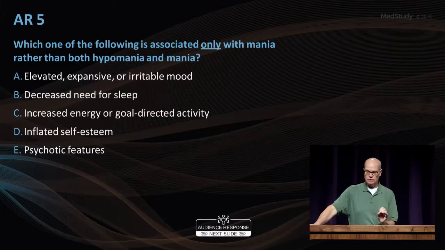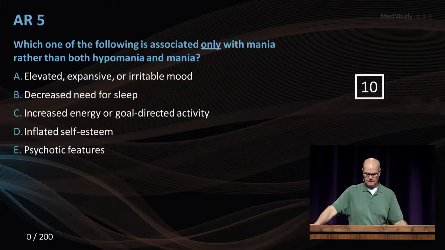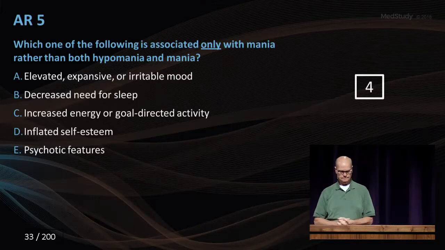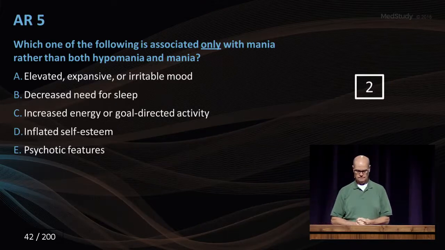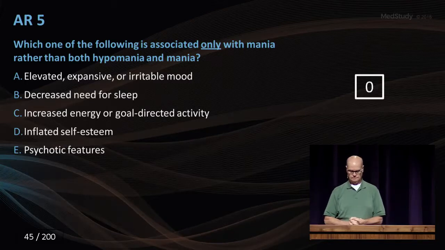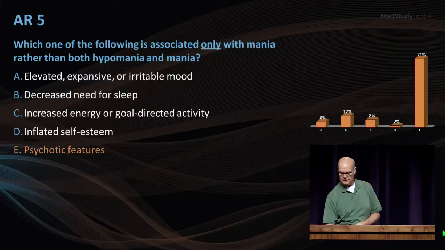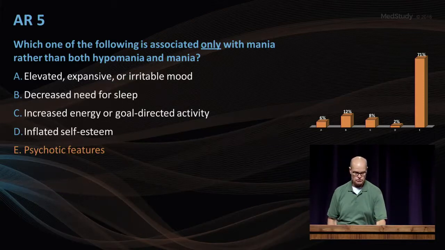Elevated, expansive, or irritable mood, decreased need for sleep, increased energy, inflated self-esteem, or psychotic features. Which one of these? Okay, great. So all of these can be associated with both mania or hypomania, not psychotic features.